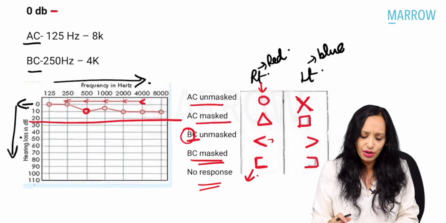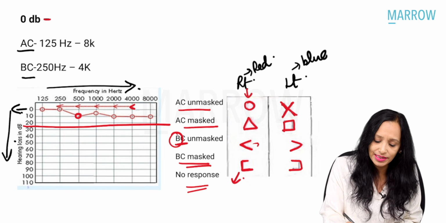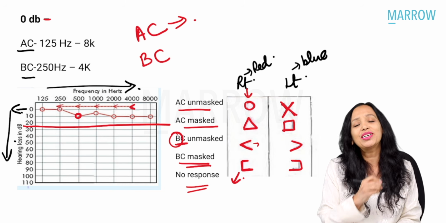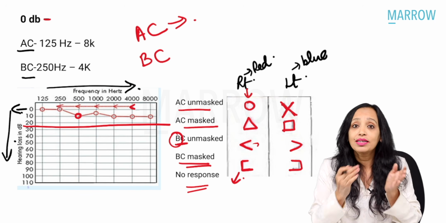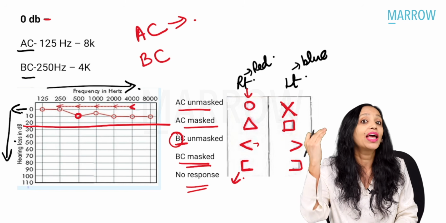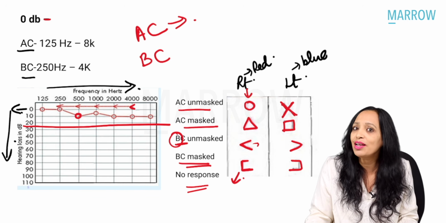Also, one more thing you need to remember here is that what we are testing by audiometry is air conduction and bone conduction. So do you remember what is air conduction? Yes, now I am speaking to you. How are you hearing? The sound is going from the air into your external ear, middle ear, and then the inner ear, and then from the nerve to the auditory cortex, and you are hearing what I am saying.